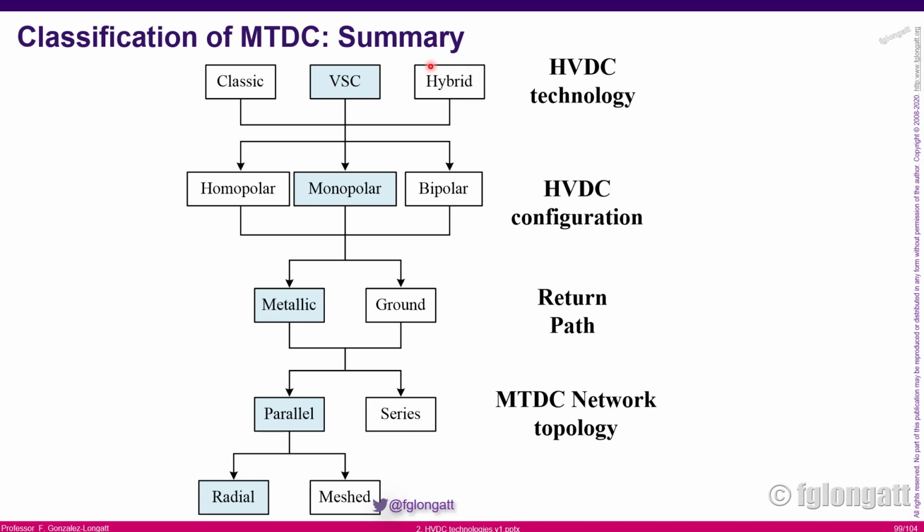What is hybrid? Hybrid is a mix between voltage source converters and line commutated converters. We can use homopolar, monopolar, or bipolar configurations. We can use metallic or ground return, depending. We can use parallel or series connection, and if we are using parallel connection we can have radial or mesh.